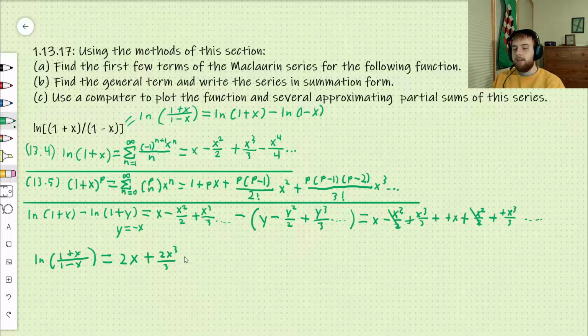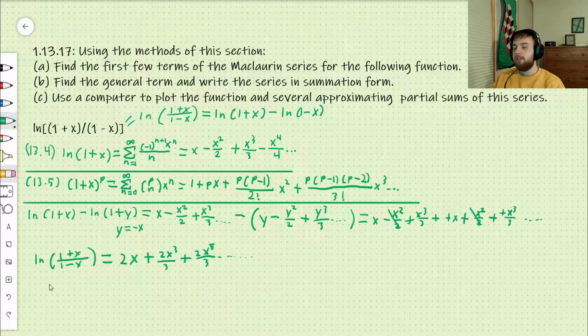And I did these calculations before, and since some of our terms canceled out, we'll write another one here. This is the next term in the series. The x to the fourths would cancel out, and we would end up with this, and this series goes on forever. So these are the first few terms of the Maclaurin series for that function.